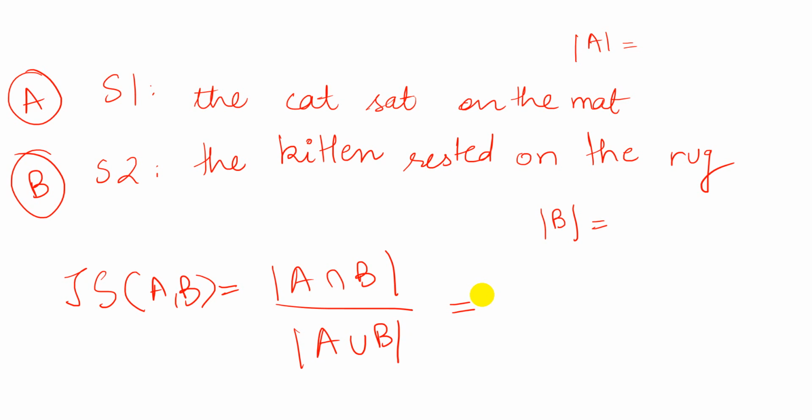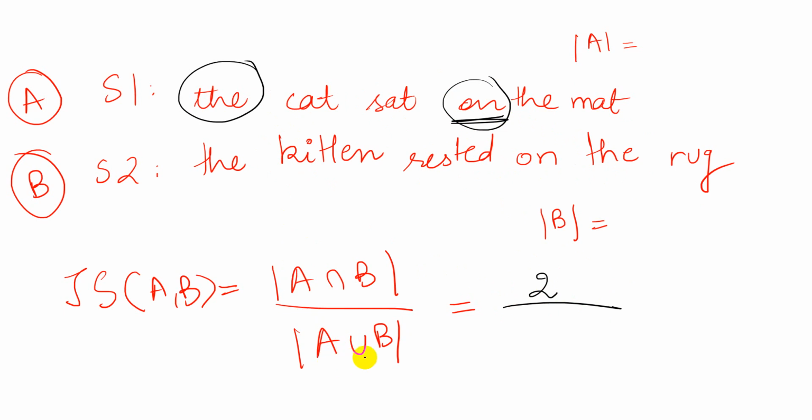2 by 8. Let us see. So what are the common words here? The, on. Anything else? Cat is not there, sat is not there, mat is not there. So how many common? Two.